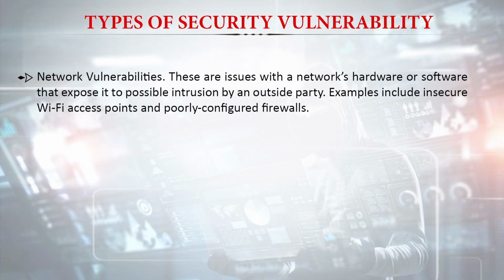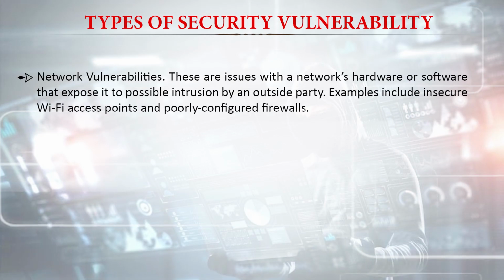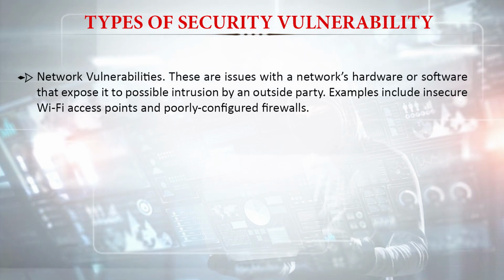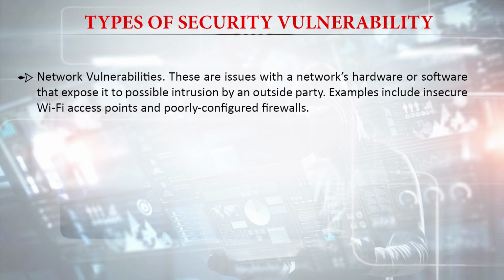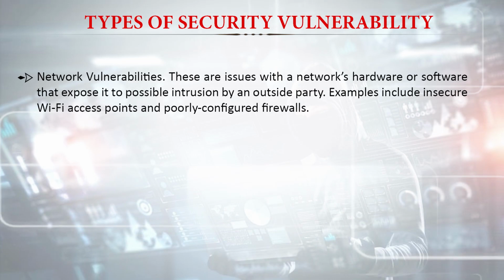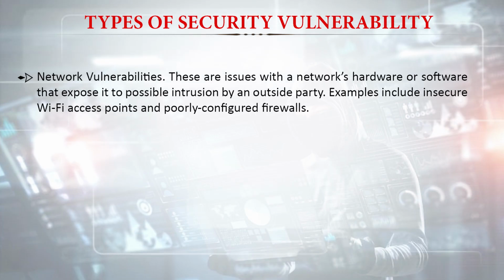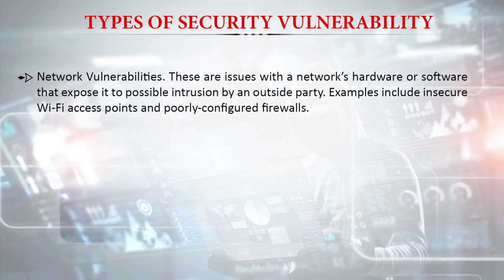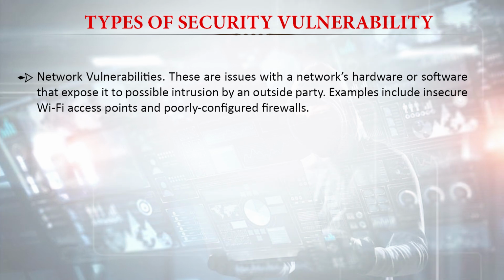The network vulnerability, let me just explain what exactly. These are issues with network hardware and network software that expose it to possible intrusions by an outside party. Examples include insecure Wi-Fi access points or poorly configured firewalls. So network vulnerabilities are related with the network hardware and software. Firewall is part of the network hardware, you can say.